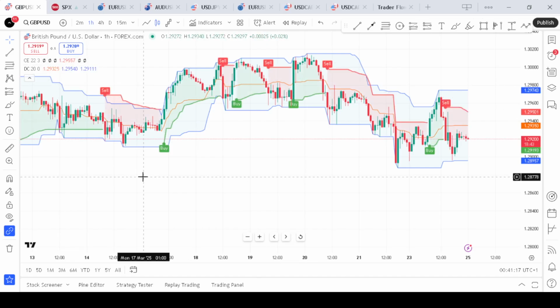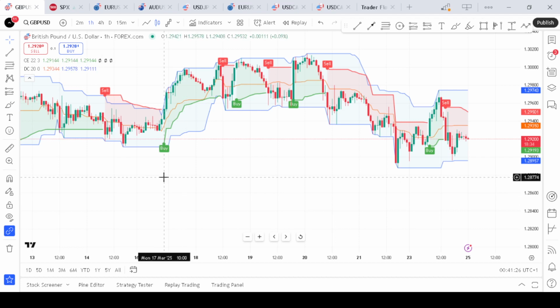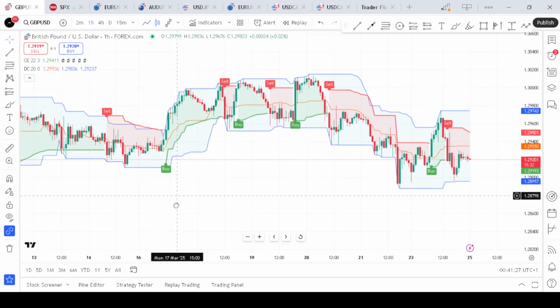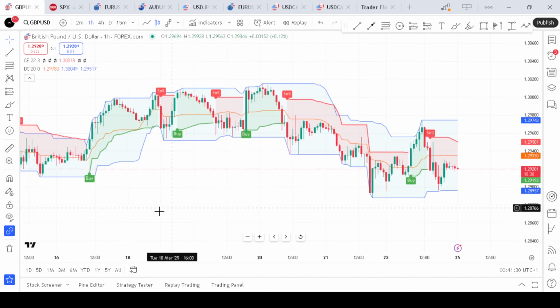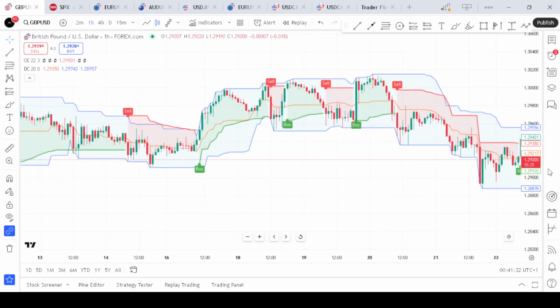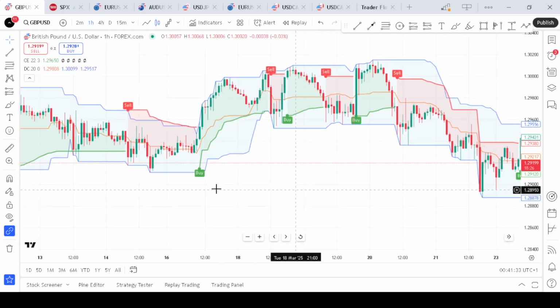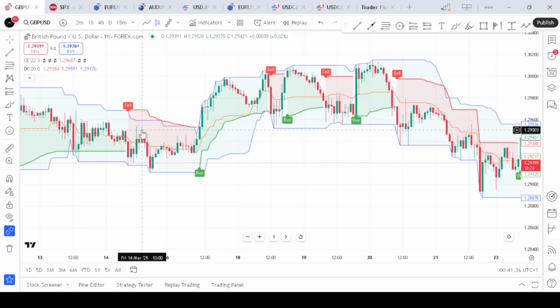Now, how do we combine both the Chandelier Exit and the Donchian channel to trade? They can be combined by creating a structured approach for managing both long and short trades effectively. For a long trade, the Chandelier Exit acts as a trailing stop, while the Donchian channel identifies breakout opportunities.